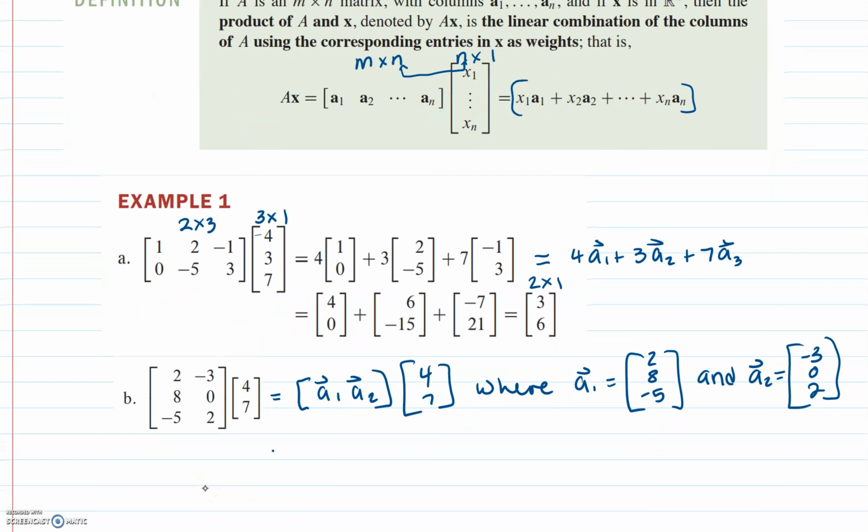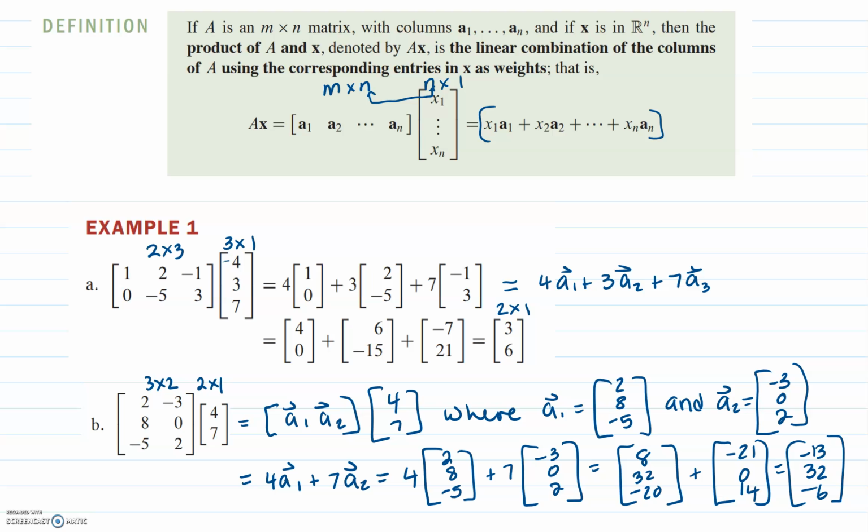Let's multiply those so you get 8, 32, and negative 20, plus negative 21, 0, and 14. Add those together, we get a negative 13, a 32, and a negative 6. And it all works because this was a 3 by 2. This is a 2 by 1. So you can see the answer is going to be a 3 by 1. The number of entries in X has to match the columns of A.